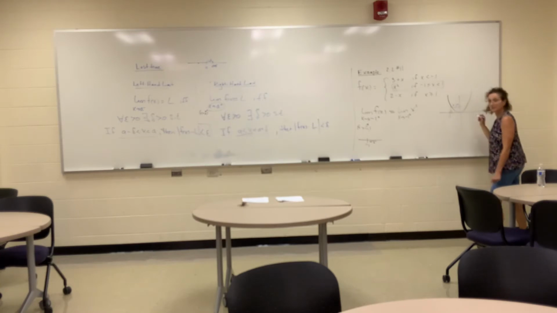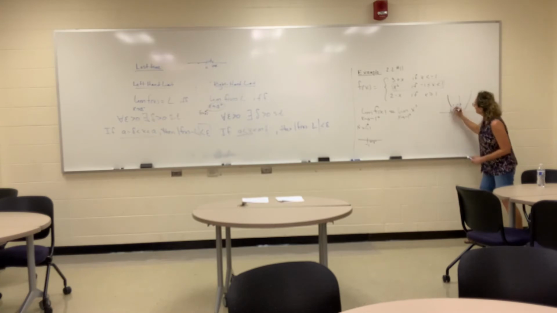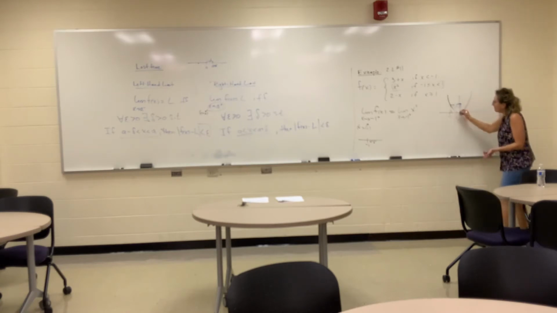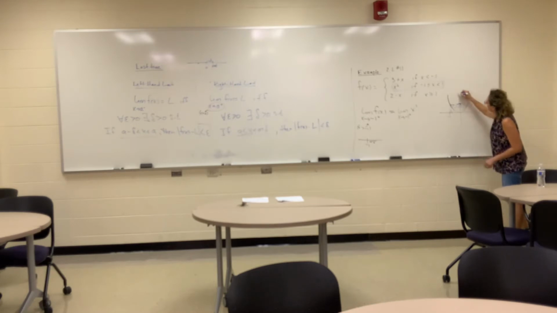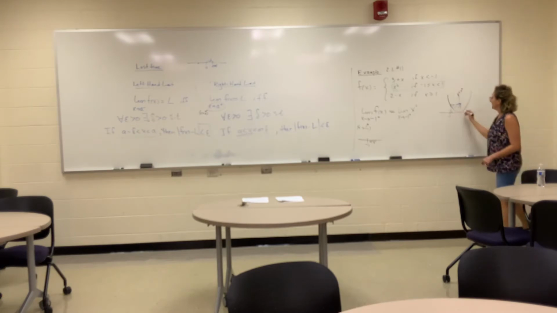My y values of my function are getting closer and closer to this number right here, similar to the graphical things that we did the other day. It just so happens to be the value of the function at x equals -1. This is a graph of y equals x squared, and the value when x is -1 is -1 squared, which is 1.